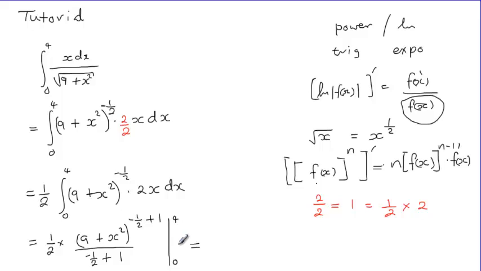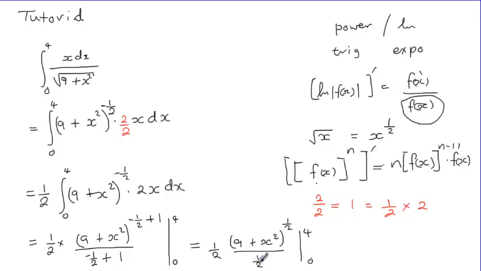So what we have there is 9 plus x squared to the power half, in the denominator 1 over 2, and then the constant multiplying, which is 1 over 2, still evaluated from 0 to 4. Do you agree?